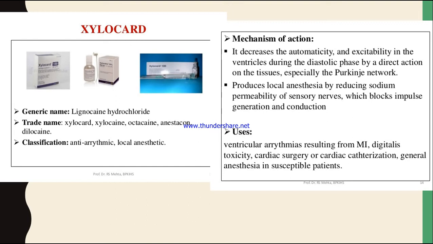This is because the injection reduces the sodium permeability of the sensory nerve and blocks impulse generation and conduction. That is why the patient is not able to feel anything after giving the anesthetic injection.